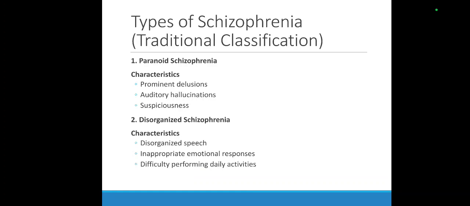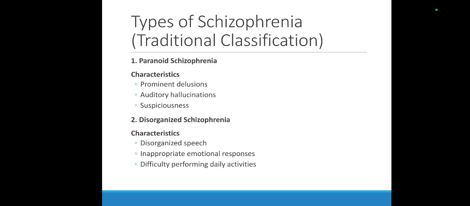Okay? And then for the different types of schizophrenia, we have the traditional classification: paranoid schizophrenia, disorganized schizophrenia, catatonic schizophrenia, undifferentiated schizophrenia, and residual schizophrenia.